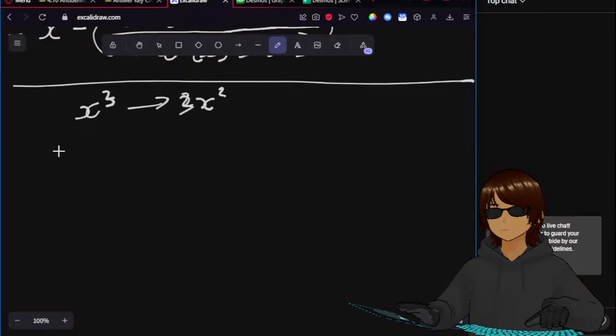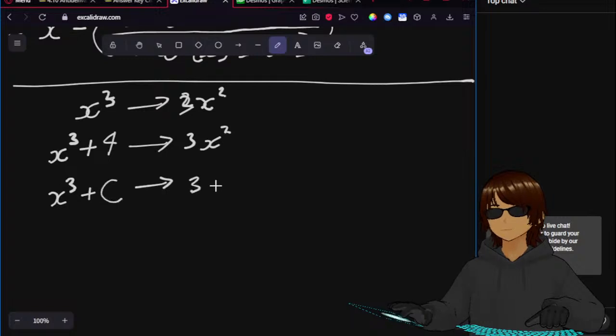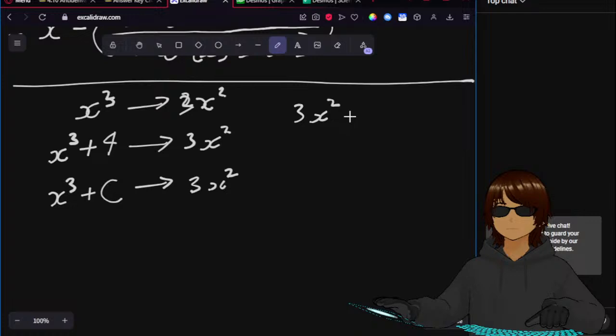Now let's say x cubed plus 4. The derivative would still be x squared. X cubed plus some constant c. The derivative will be. So doing the reverse, if we know this, finding the antiderivative would be this and plus some constant c.